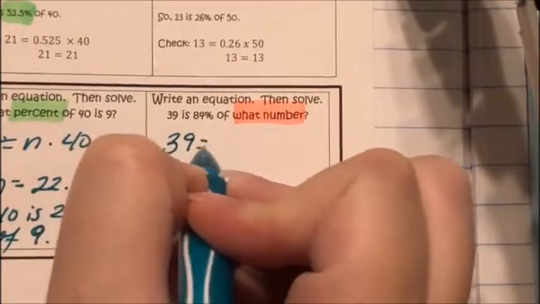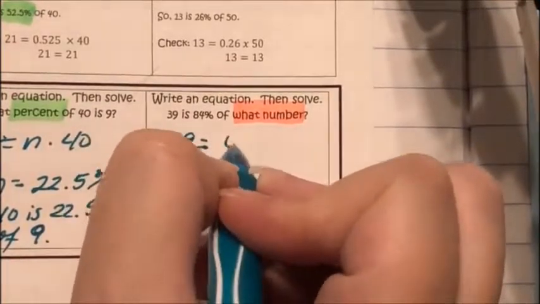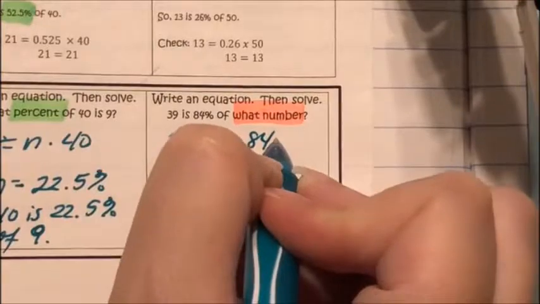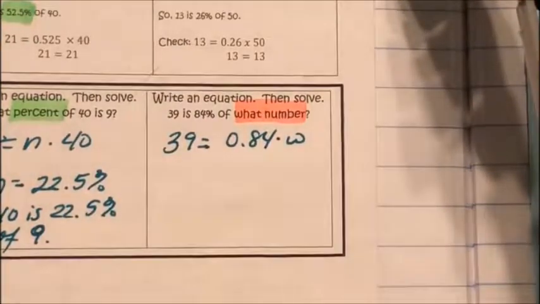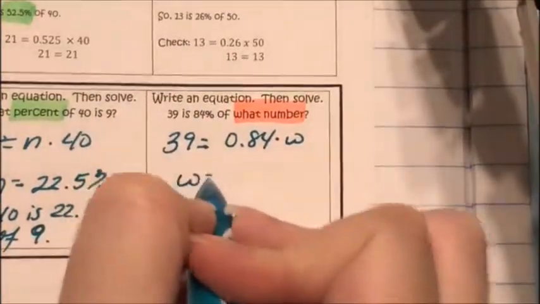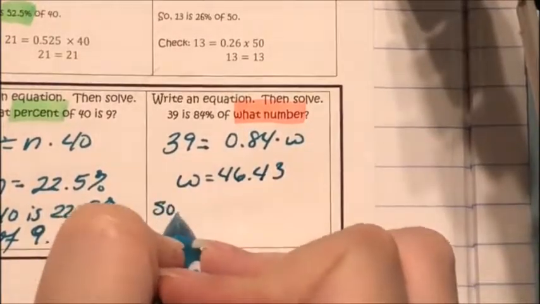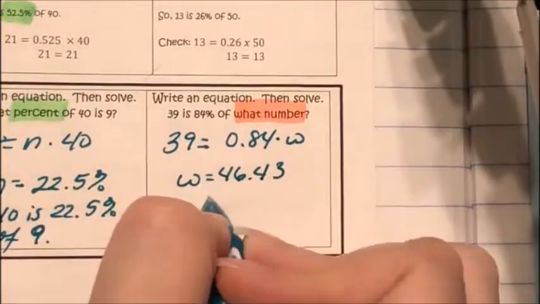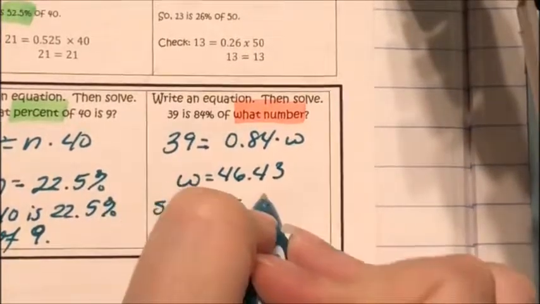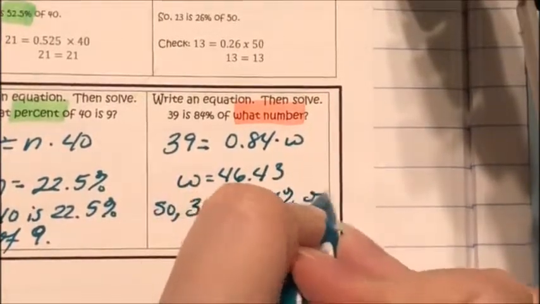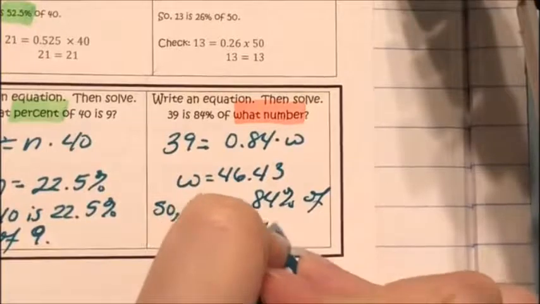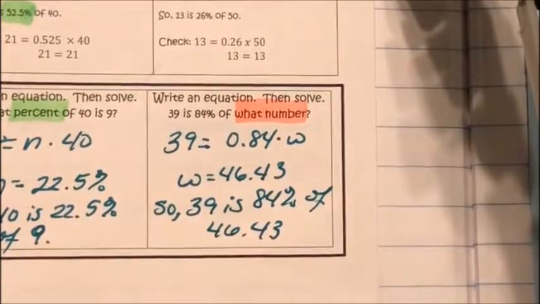So my equation was 39 equals 0.84 times W. W equals 46.43. So 39 is 84% of 46.43. Okay. And that is the end of lesson 4.